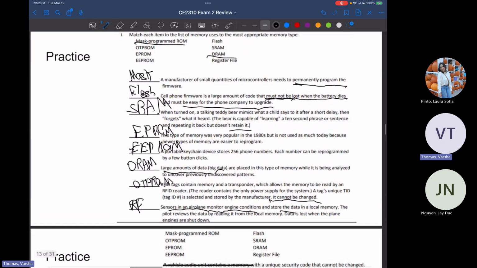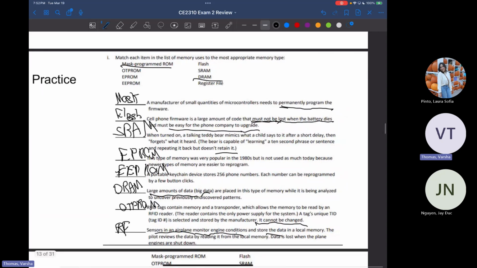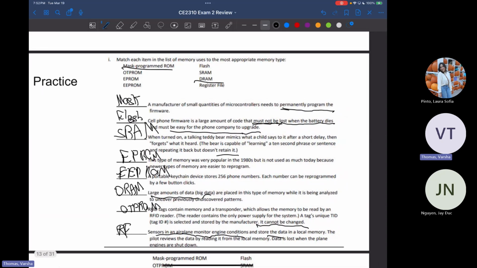Yeah, so, Varsha, can you come here real quick? I'm not sure. I'm trying to decide if this is OT-PROM or if this one will be OT-PROM, because they both talk about being programmed once. Mm-hmm. And double check.